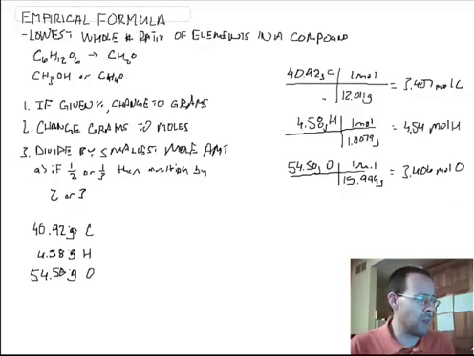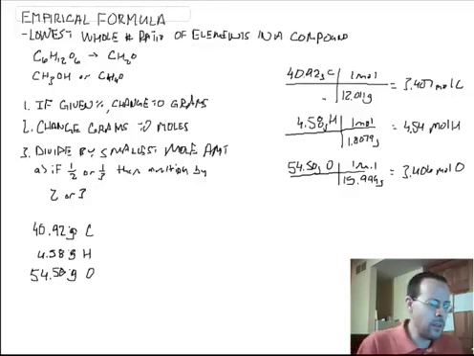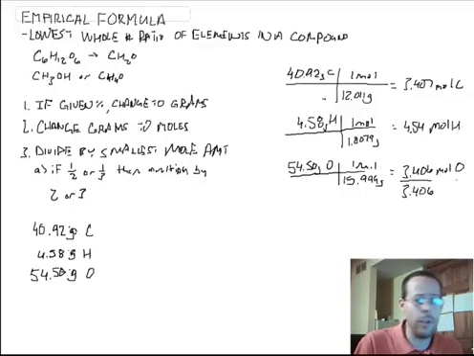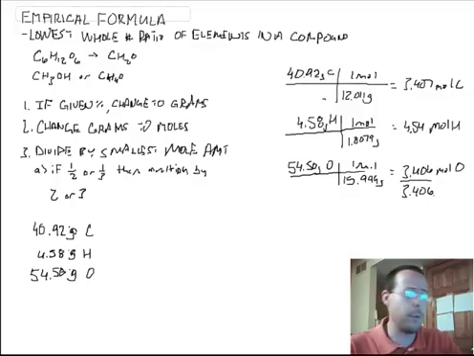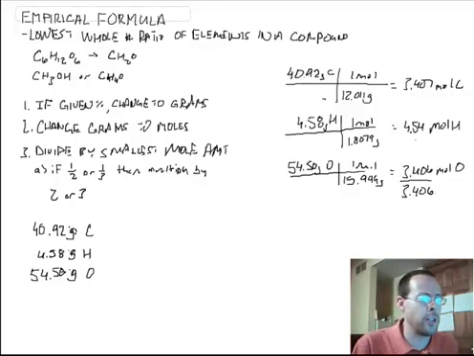Last is divide by the smallest mole amount. So our smallest mole amount is really that of oxygen. So I'm going to divide each of these by 3.406. Because right now I do have a ratio, it's just not a really convenient ratio. It's 3.407 moles of carbon to 4.54 moles of hydrogen to 3.406 moles of oxygen.